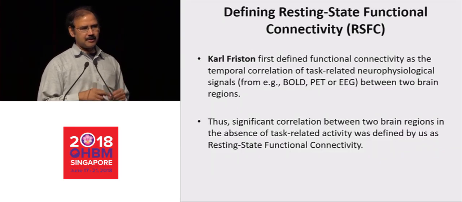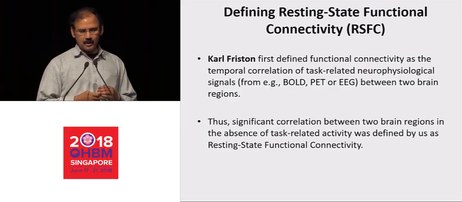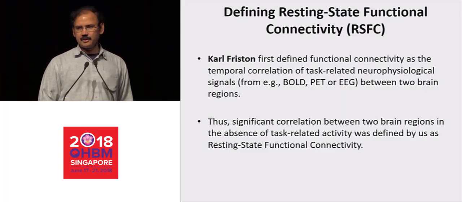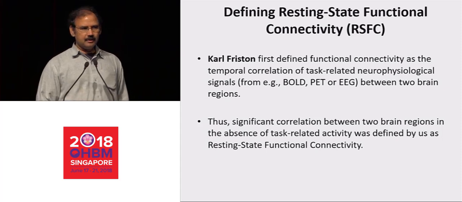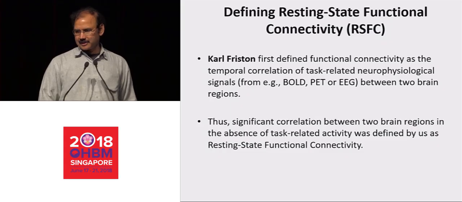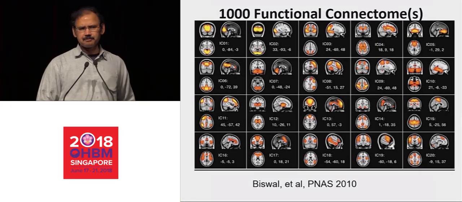And because Carl Friston had defined functional connectivity as temporal correlation between a task-related neurophysiological signal, and we were observing this during rest, we defined this as resting state functional connectivity.